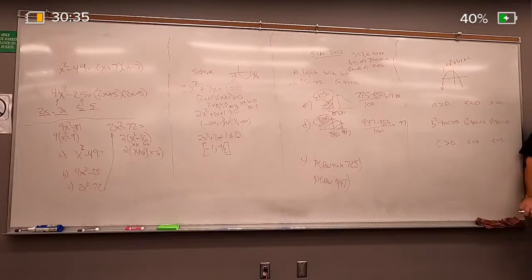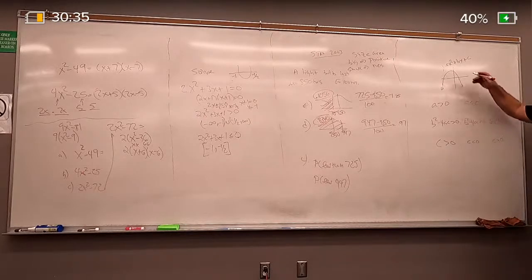Casey? Is A greater than 0, less than 0, or equal to 0? How do you know? I'm not sure. I just like, since it's facing down, I just... Right, and that's exactly what you're looking at. What you're seeing here is that this parabola is concave down. What causes it to be down?